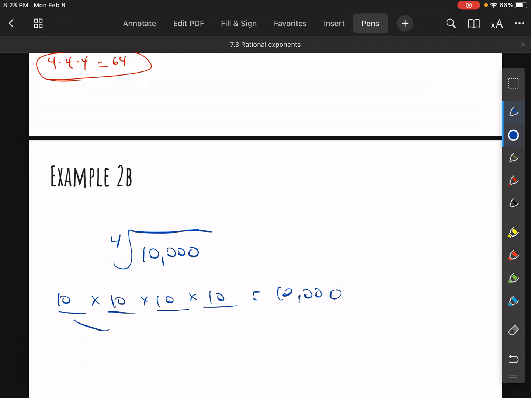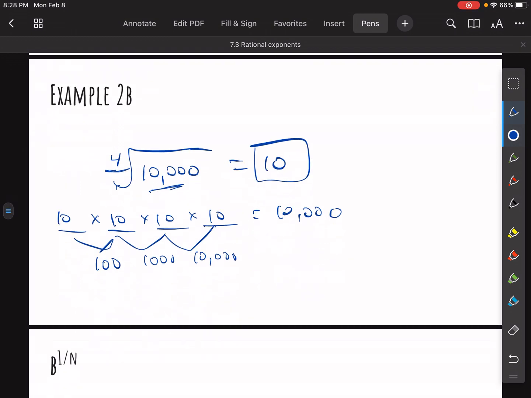So if I do that, 10 times 10 is 100, times 10 is 1,000, times 10 is 10,000, and sure enough, that is it. So the fourth root of 10,000 is just 10. Your calculators can do these as well, so you have to look up how your individual calculator does these types of things. But for now, if you don't have one, you're just thinking, what thing can I multiply by 4 times to give me what's in here?